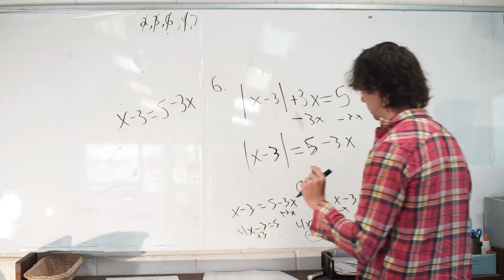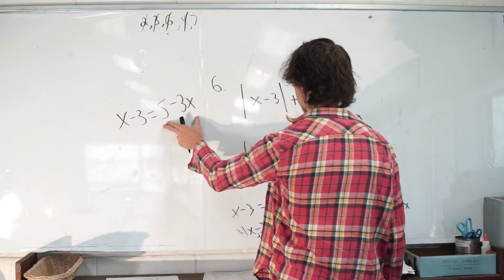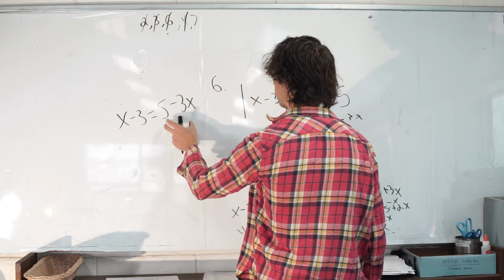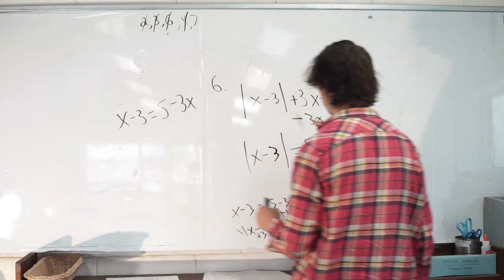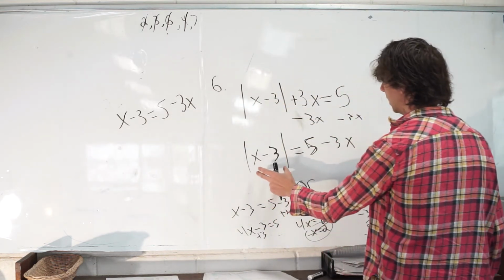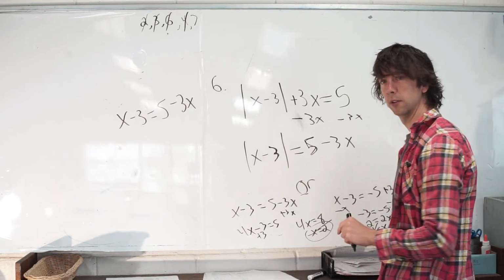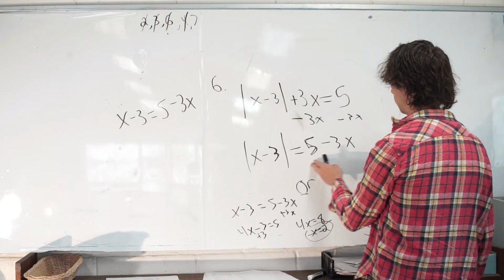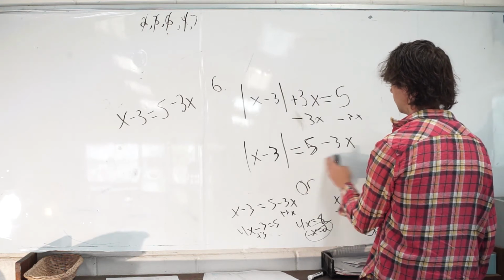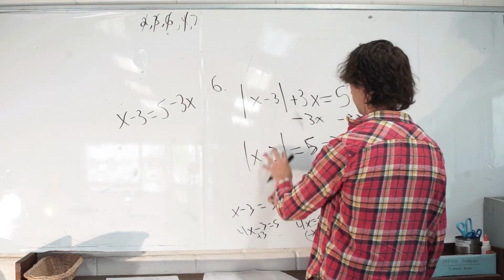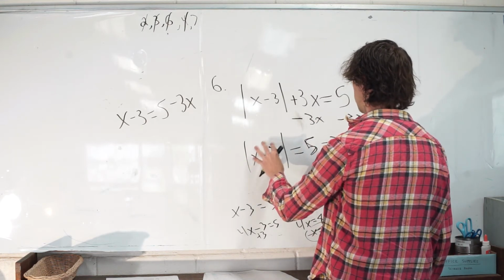But here's the problem. This side has to be negative for those to be equivalent, right? This is negative 1, and this is also negative 1. But can an absolute value of anything ever equal negative 1? No. The value of this has to be positive for these to be equivalent, because whatever value this has is going to end up becoming positive.